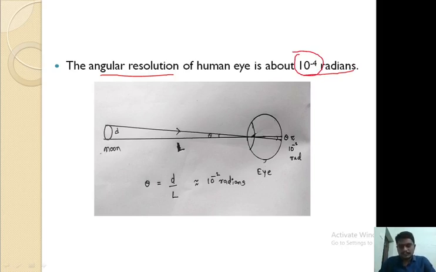Here this is the moon, and let L be the distance of the moon.